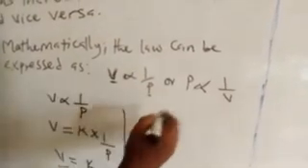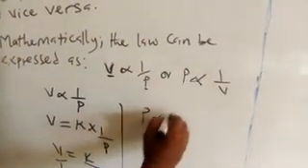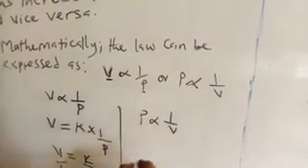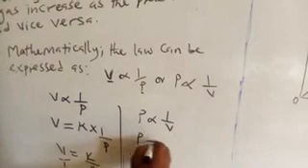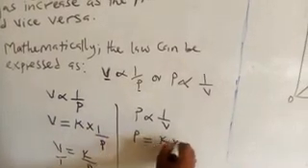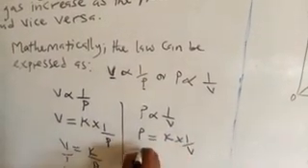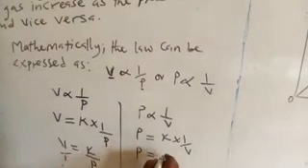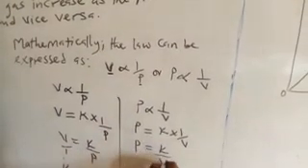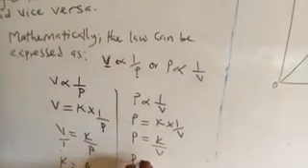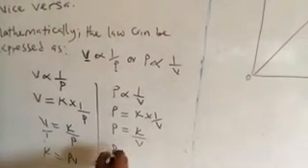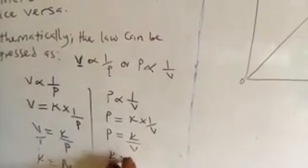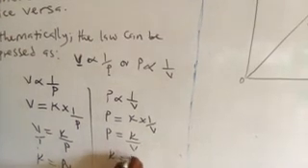In that case, we say that P varies inversely as V, and removing the proportional sign, we have P equals K times 1 over V. This will give us P equals K over V. And making K the subject of the formula, we have that K equals PV.